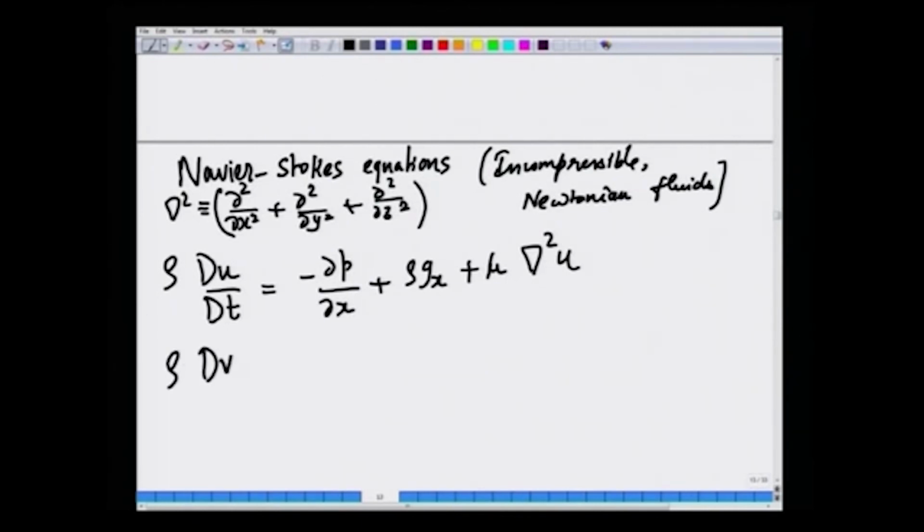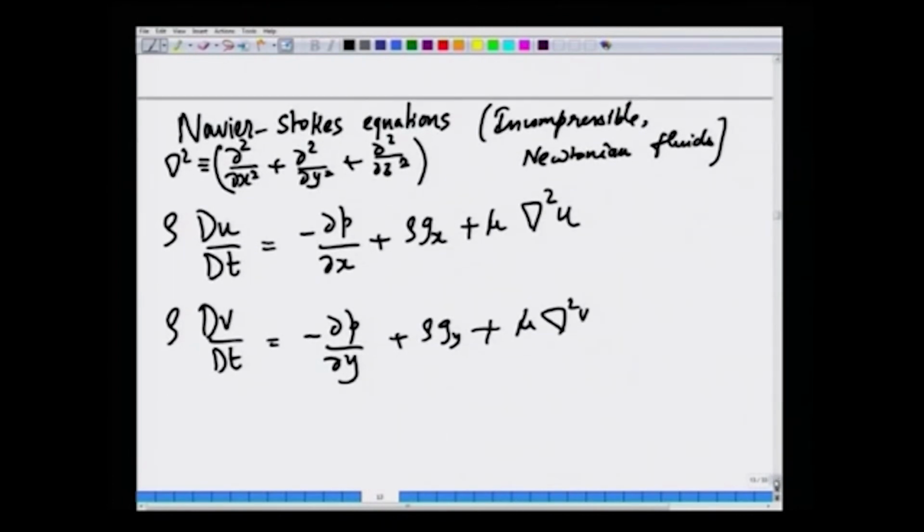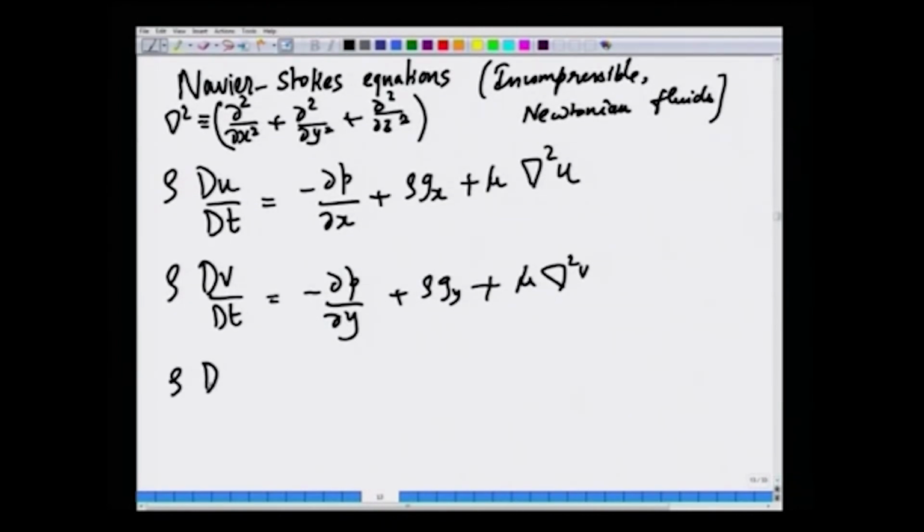Similarly, you have the y component of the momentum balance, plus mu del squared v. Similarly, the z component of the momentum balance, plus mu del squared w.